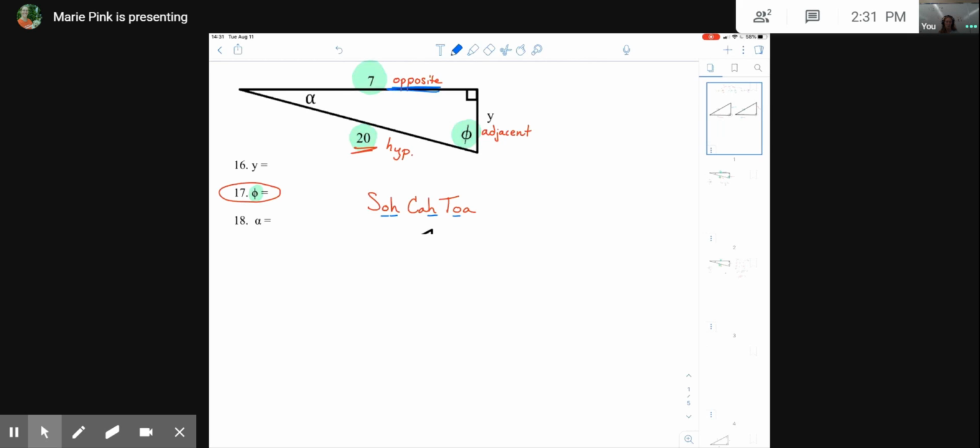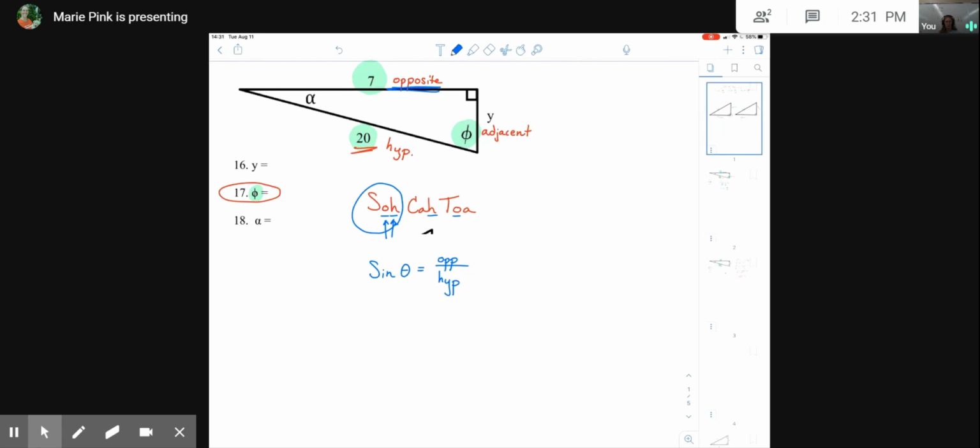All right, so looking at this, if I want to know, do I need to use sine, cosine, or tangent? I know that I have to use sine because this is the only one that I know both of the things in it. So that makes it pretty easy then. Now I just write sine of my angle is equal to opposite over hypotenuse.